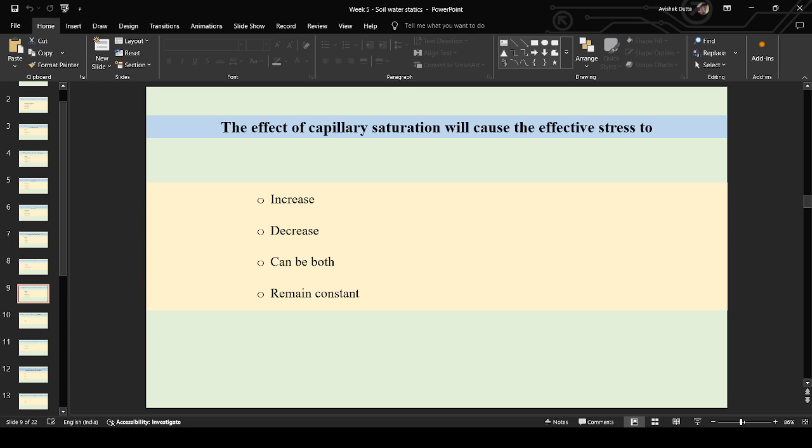This scenario is considering the total stress remaining constant. Okay, then the effective stress will increase or decrease.